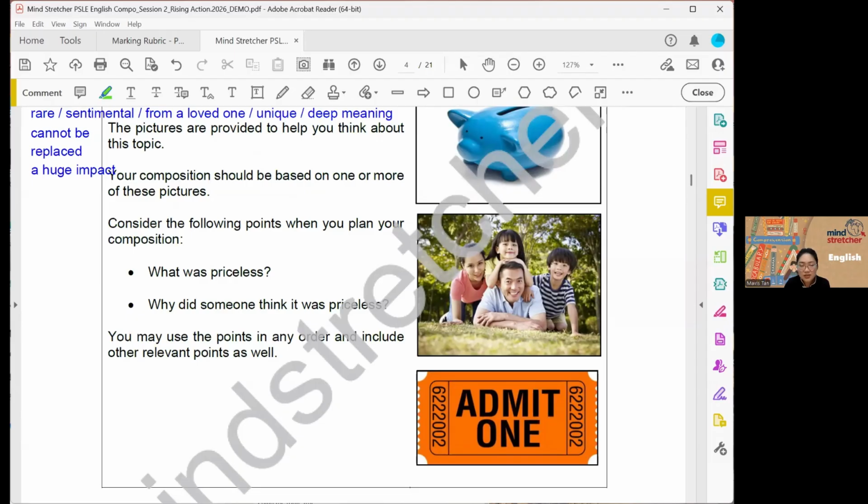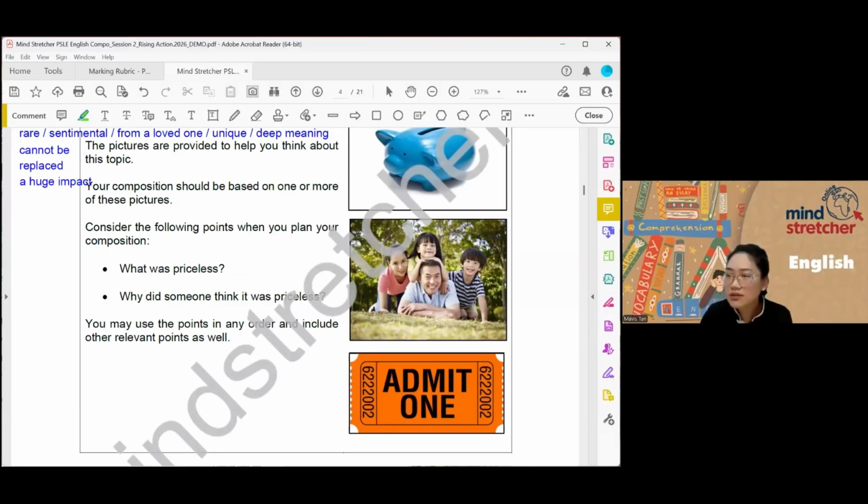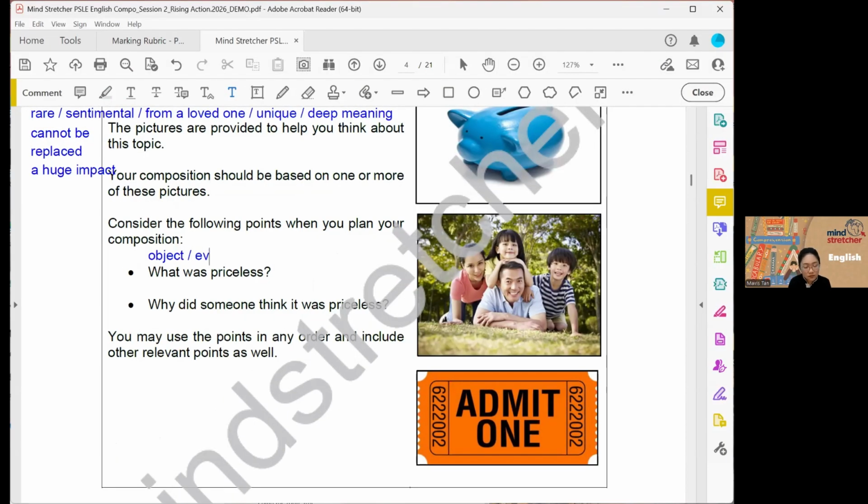What was precious? When we are thinking about something precious, must it be something you can hold in your hand? Not necessarily. It could be an object, of course, something tangible. Or it could also be an event or an experience.